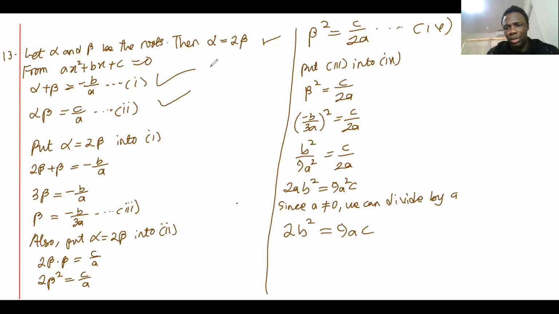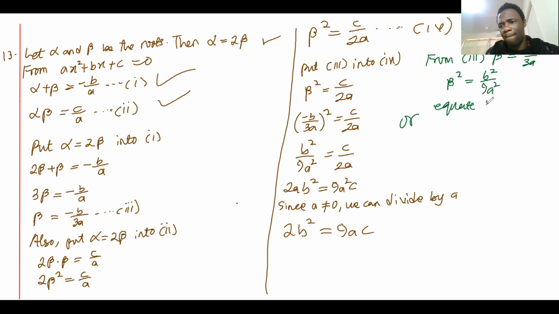Yes. If you do not want to go like that, after you get 4, you can say from 3, your 3 says beta equals minus b over 3a. Then beta squared will be b squared over 9a squared. Then you can equate with 4.